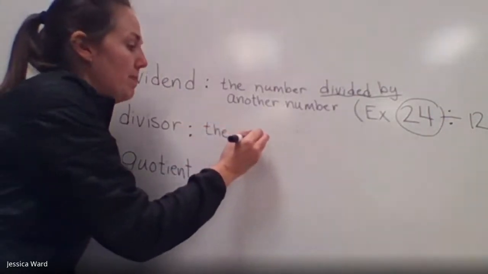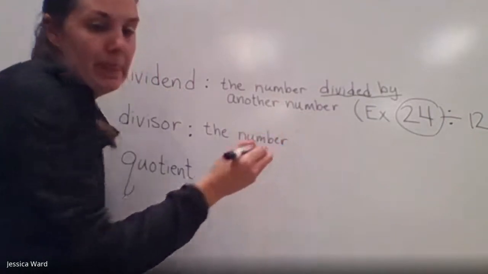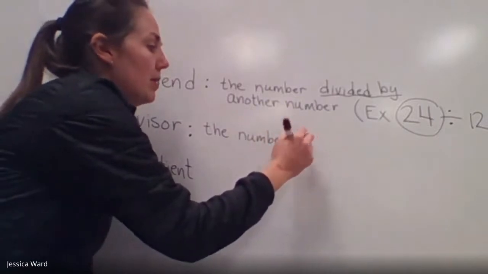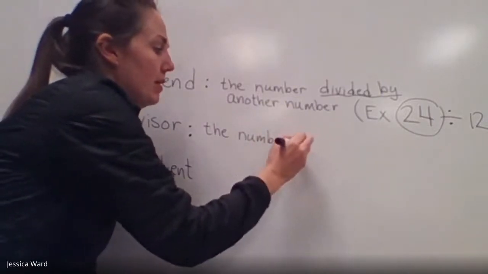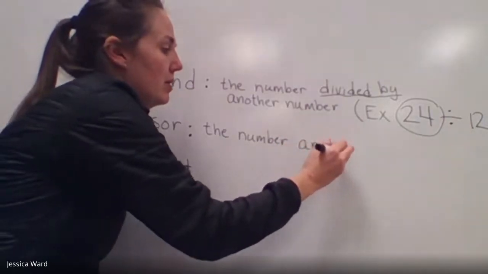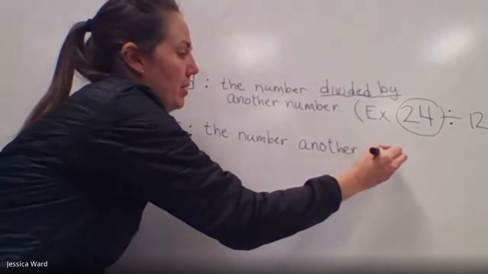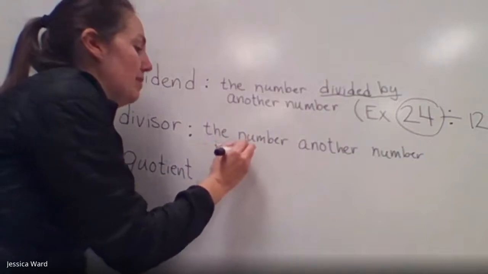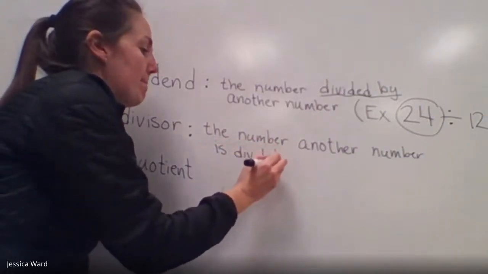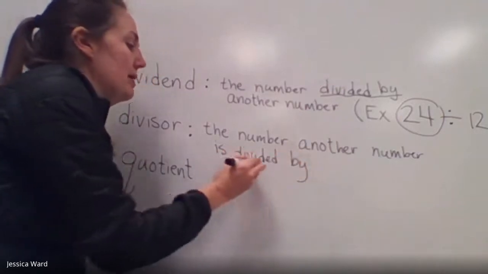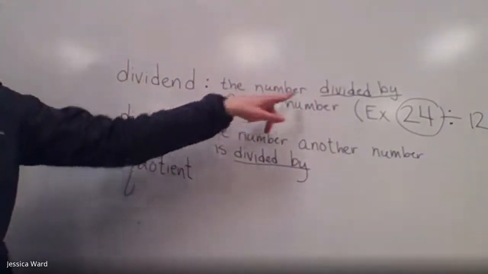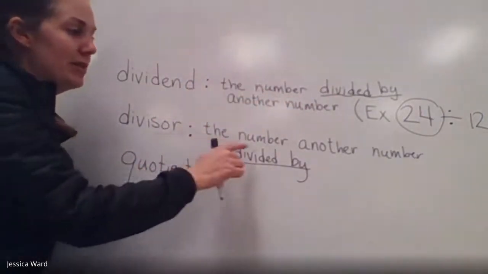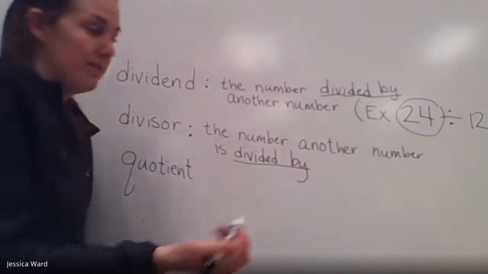The number another number is divided by. Here we have divided by again: the number divided by another number. So the dividend is the first number. The divisor is the number another number is divided by.